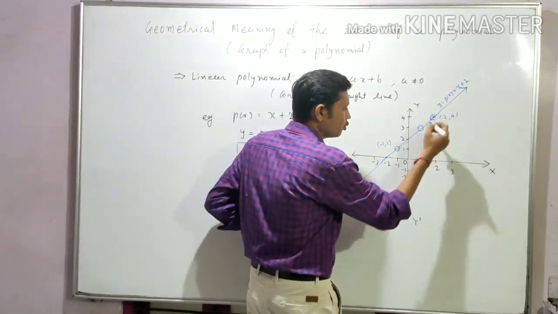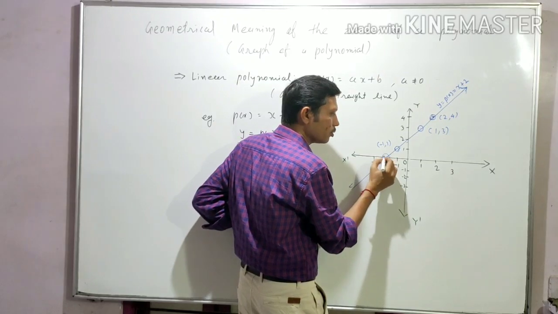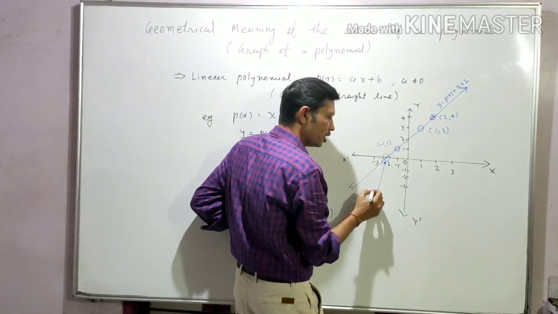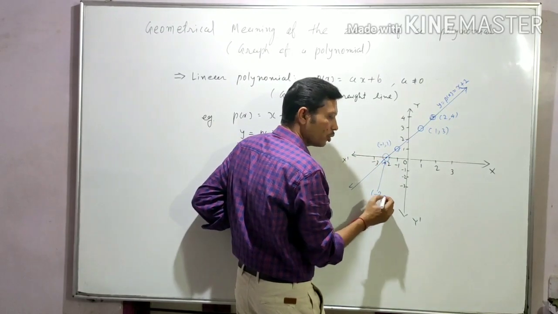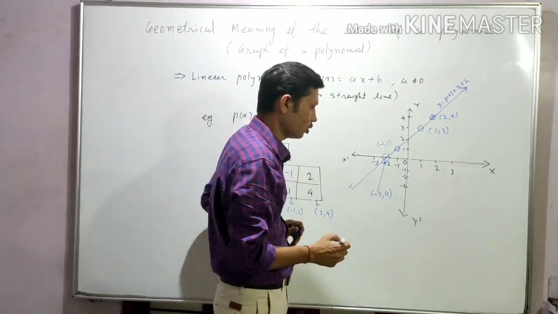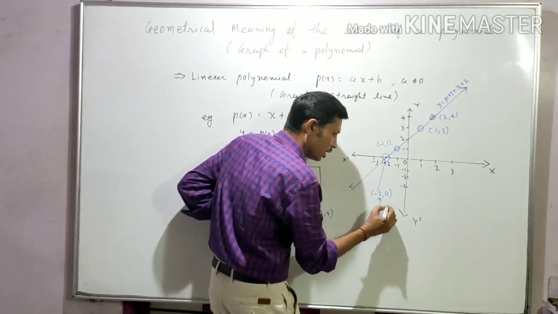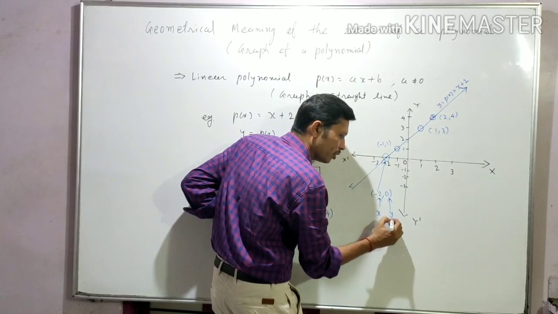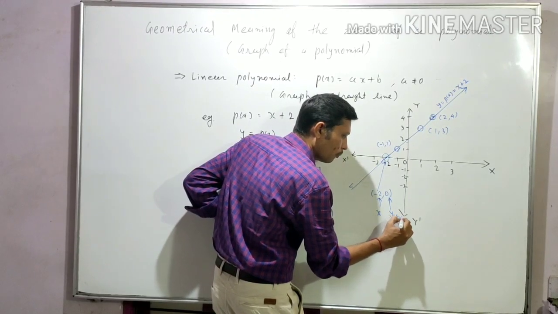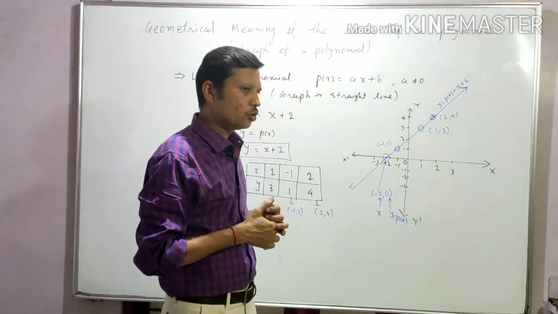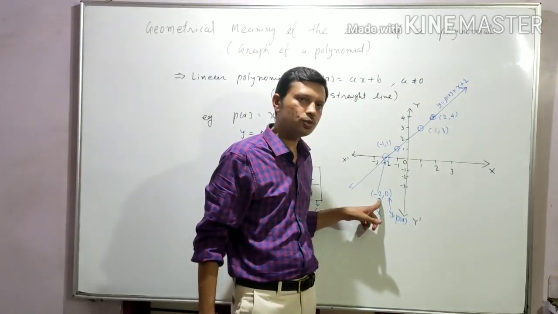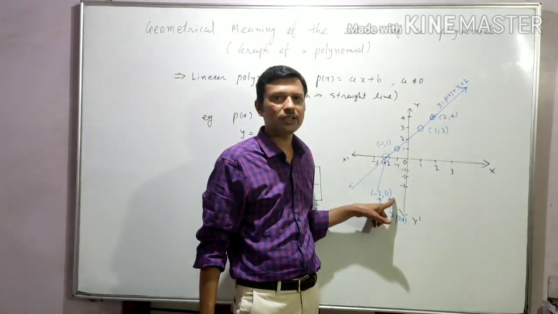So we make y 0, and here the point has x coordinate minus 2 and y coordinate 0. This is the value of x and this is the value of y, that means p of x. So for the value of x equal to minus 2, our polynomial is 0.